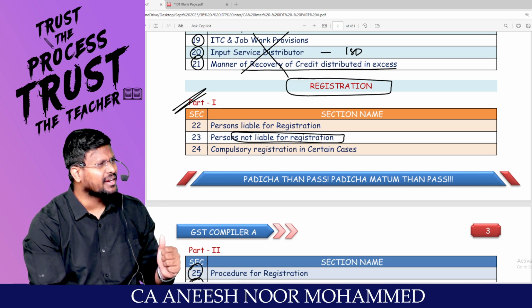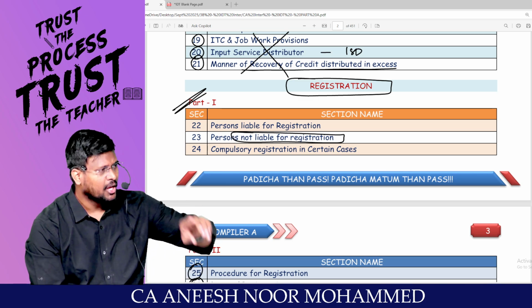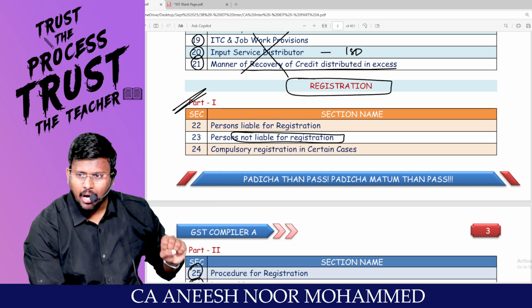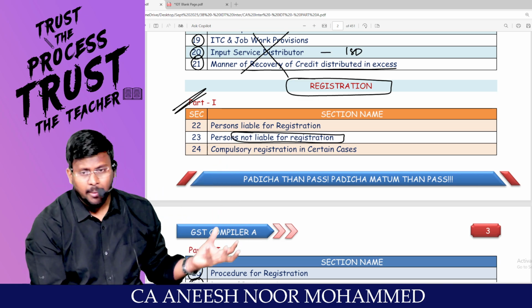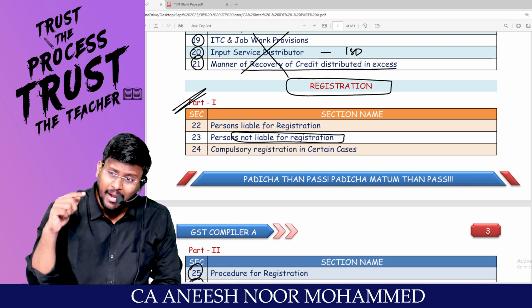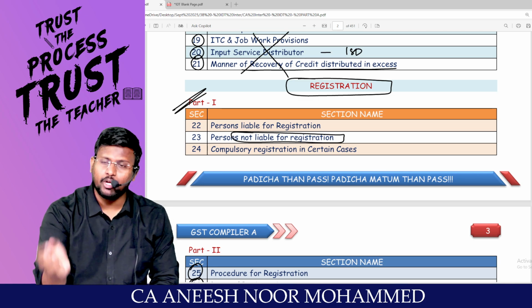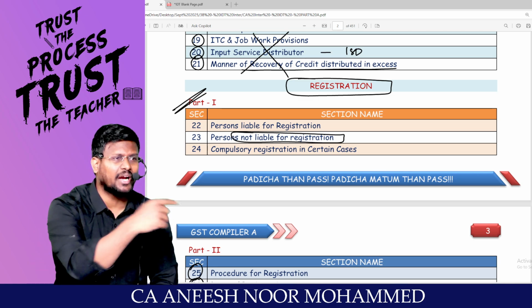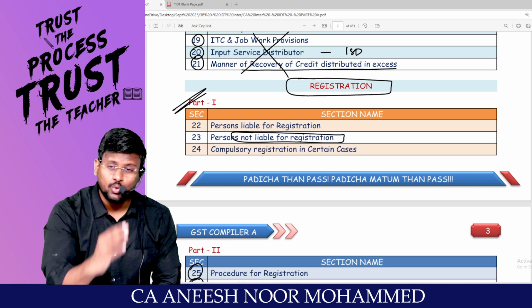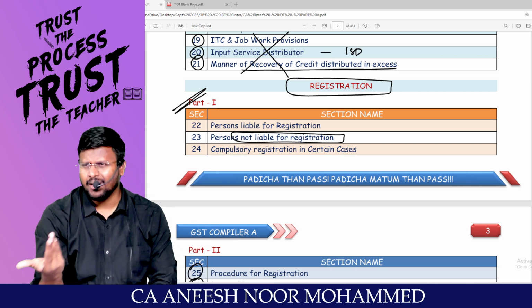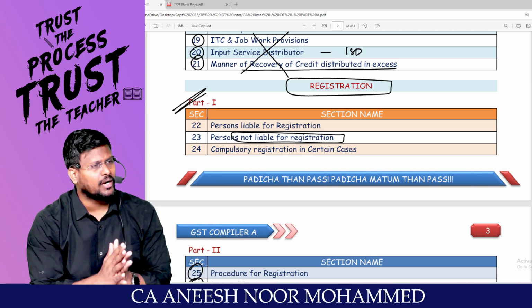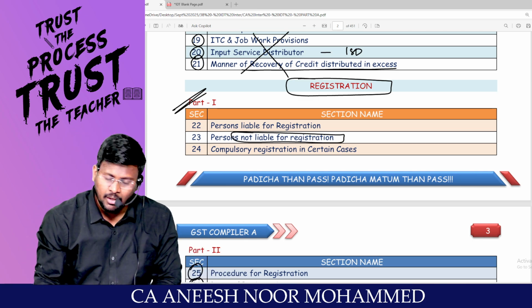Then why are you taking registration? Because after you take registration, you will not collect output tax. At the time of purchase, you may pay GST, but that cannot be taken as ITC, because in order to take it as ITC, you should collect output tax. Since you are not collecting, certain people are not at all liable to take registration as per section 23.